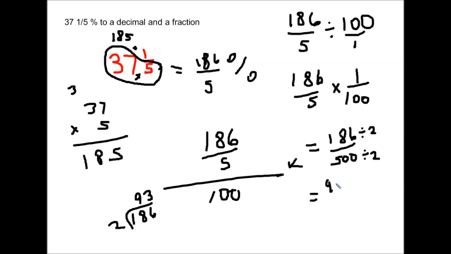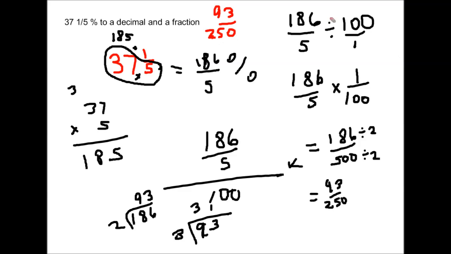This gives me 93 over 250, and I think that is simplified. 93 divided by 3, because I know this is divisible by 3, because 9 plus 3 is 12, gives me 31, and I believe that's a prime number. And 250 is not divisible by 3, so 93 over 250 is my fraction.